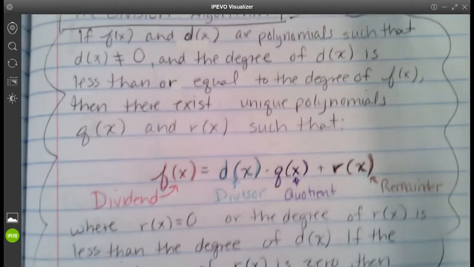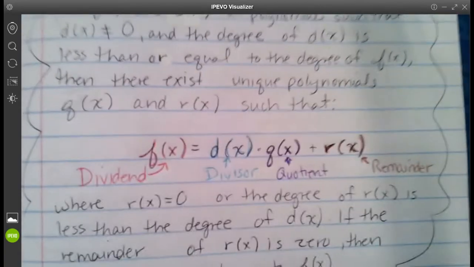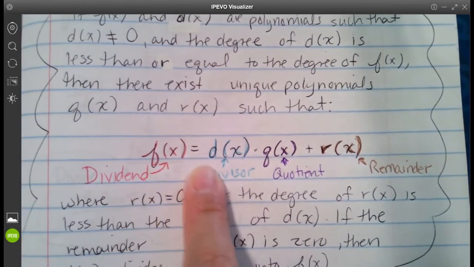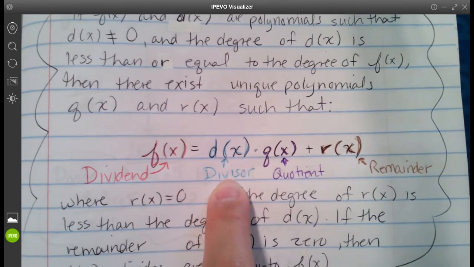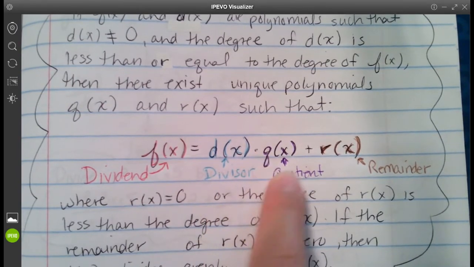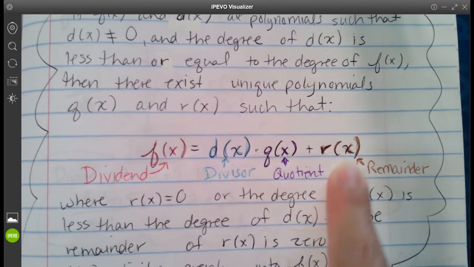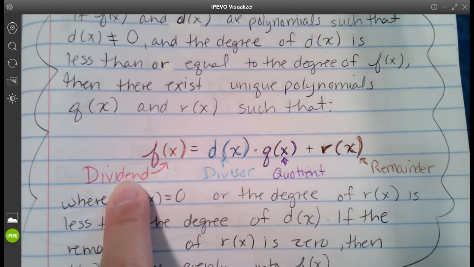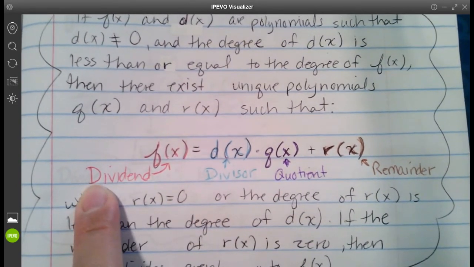In other words, we can have our bigger degree polynomial equal to the smaller one times some other polynomial, plus a remainder if it doesn't go evenly into this guy. This is also known as the division algorithm.